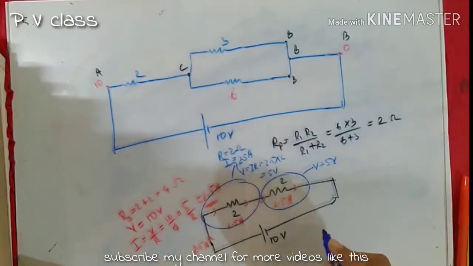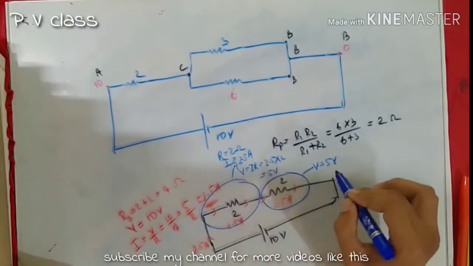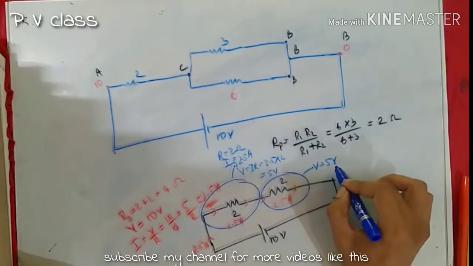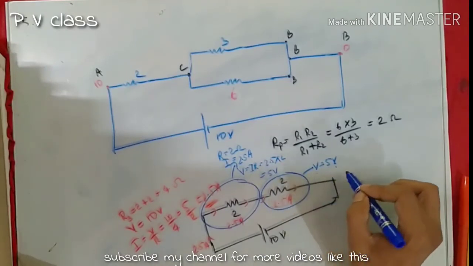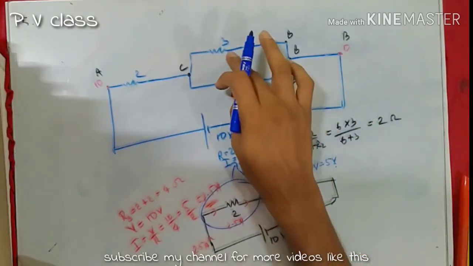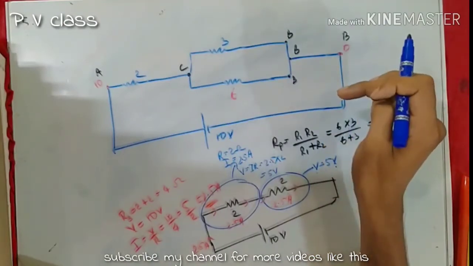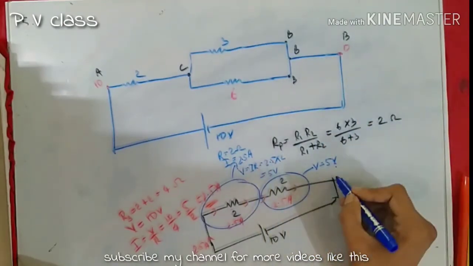That means what I am trying to say is, if this 2 ohm is having a total voltage of 5 volt, then the voltage across this 3 ohm resistor and 6 ohm resistor is also what? 5 volt.